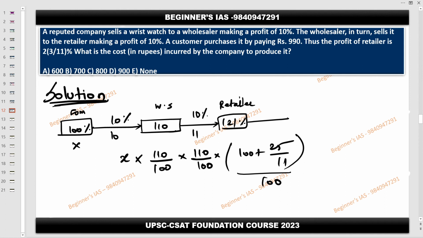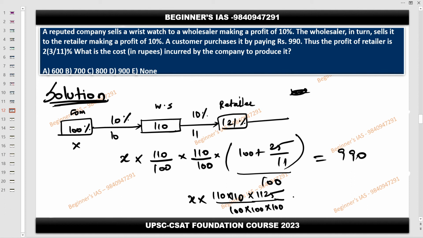So then this amount, which is equal to 990, you have to calculate the total. So here 11 into 110 by, so I take this LCM here, 1125, isn't it? 1125, 100 into 100 into 100, which is equal to 9900.